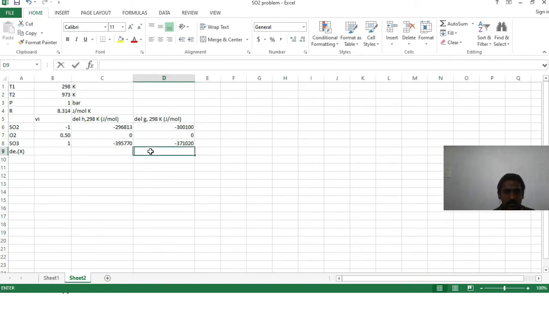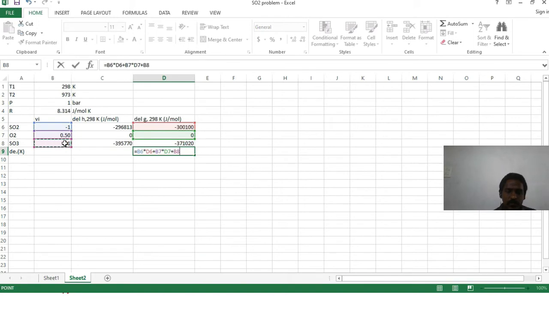It is nothing but this value multiplied by this value plus this value multiplied by this value plus this value multiplied by this value.